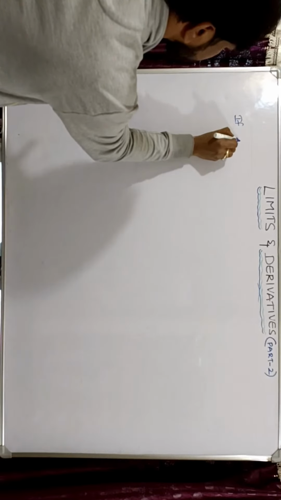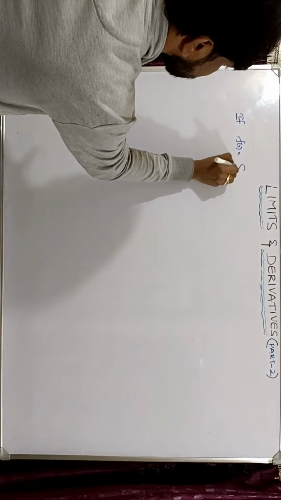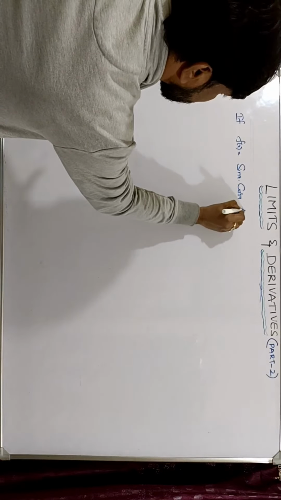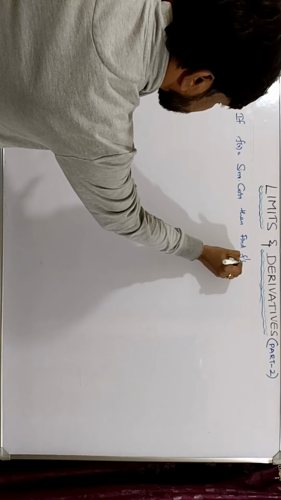If f of x is equal to sin x into cos x, then find f dash of x.